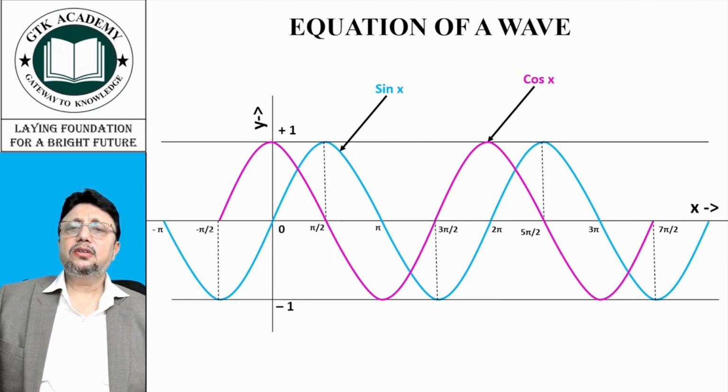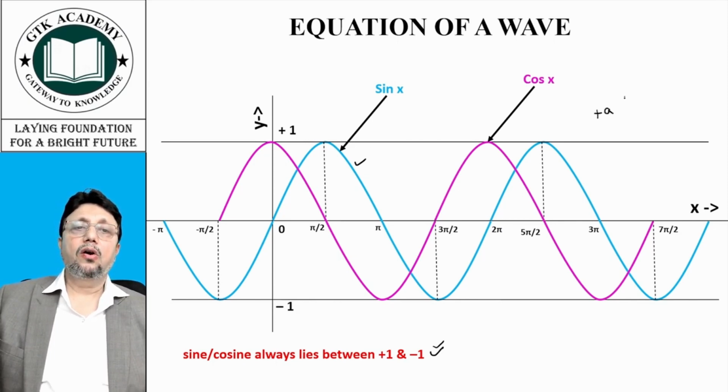You have seen that either it is sin x or cos x, they both lie between +1 and -1, and their shape is also similar to the wave. The amplitude is either +A or -A of any particle.